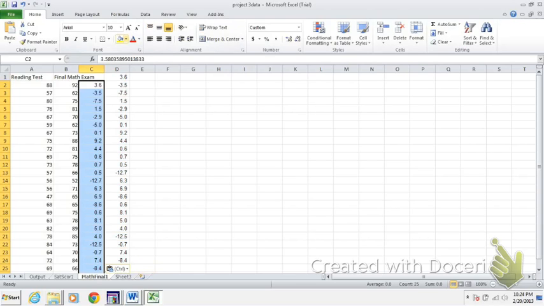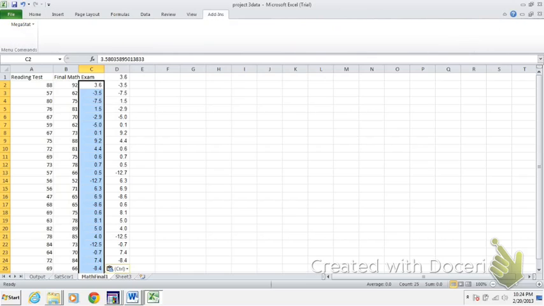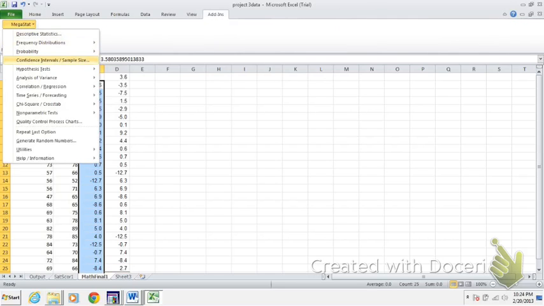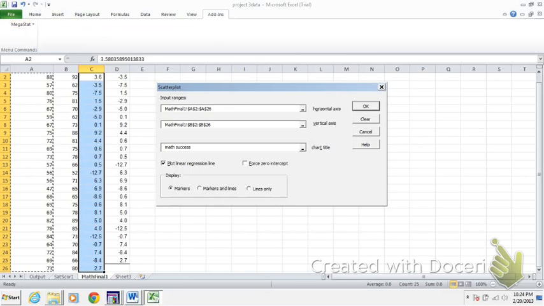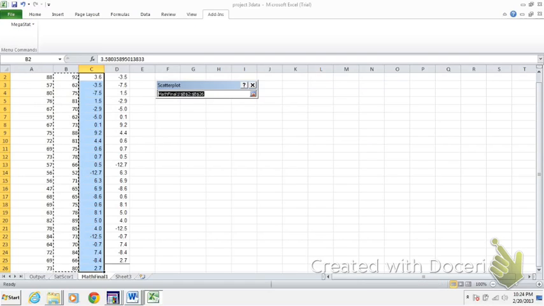And then again, the residual plot is just a scatter plot of your X versus your residuals. So we'll go back over to scatter plot. The horizontal axis, make sure it's around your X data. But for the vertical axis, this time make sure you've highlighted all your residuals.